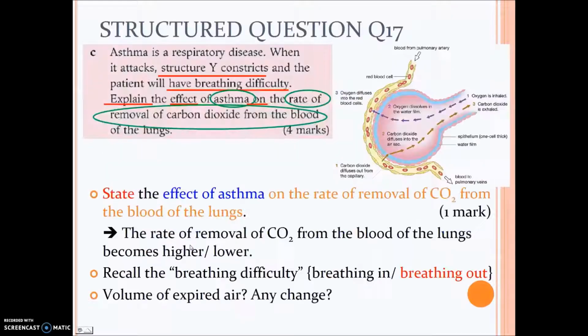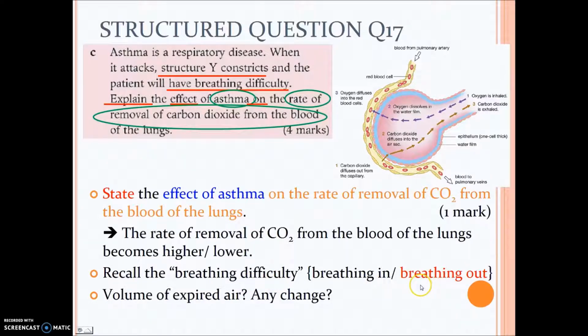Then we go back to the question. For question 3, as I mentioned before, you have to state whether the rate of removal of carbon dioxide from the blood to the lungs becomes higher or lower, 1 mark. Then you are going to explain it, recalling the breathing difficulty.